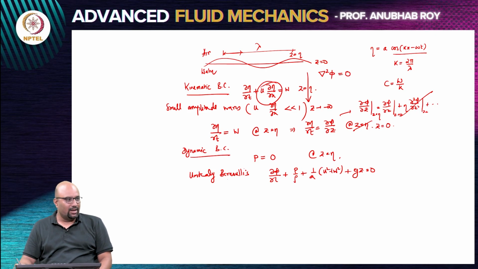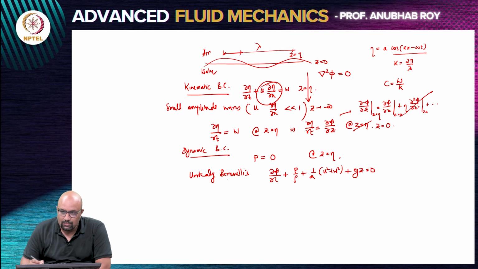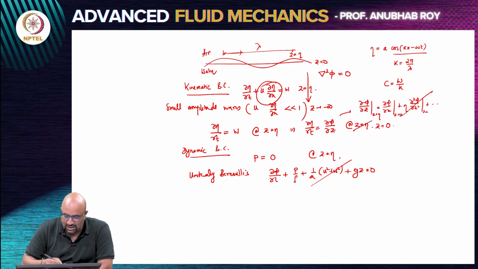Now I'm doing a linearized calculation here, small amplitude. So which terms can I drop? I can drop this, right? It's a quadratic term in the velocity. I can drop that term. So I have an expression of p in this expression. So I have ∂φ/∂t plus p by ρ plus gz is equal to 0, right?